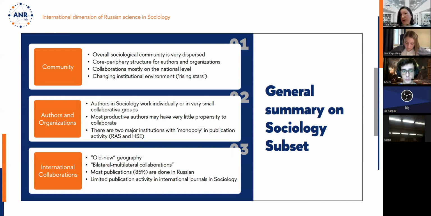How limited? Probably we will see when we finish working with some other disciplines in social and economic sciences, and we will be able to compare quantitatively. So we will get the metrics, and we will be able to compare the disciplines against each other.